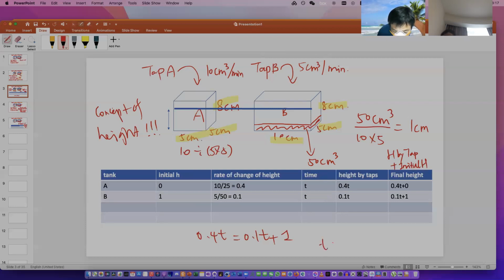What's t given this equation? Looks like you get a fraction, right? It's okay, we just stick to the fraction.